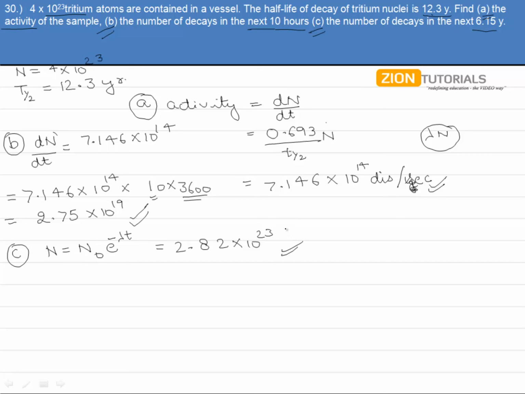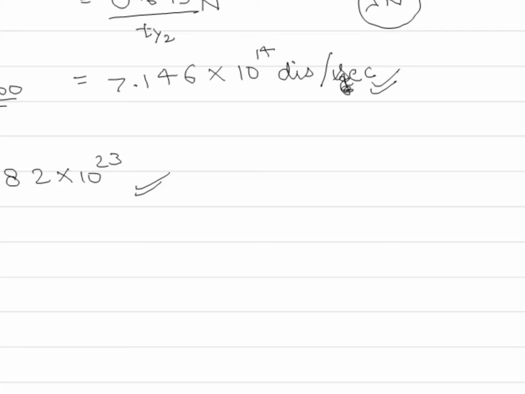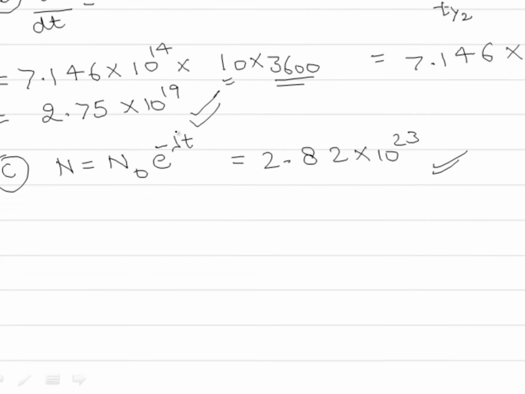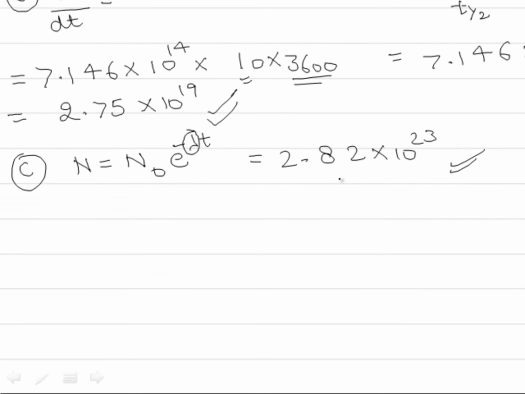So this is the number of atoms remained, because this N is what was the sample initially, that was N naught, and now this is actually disintegrating with this constant, so this much of nuclei are left. So this is actually the number of atoms remaining. So what is the number of atoms that disintegrated?